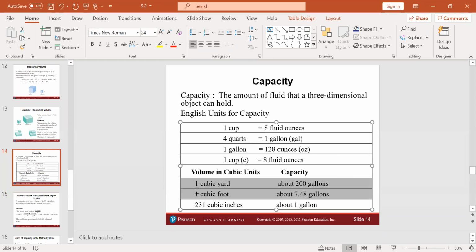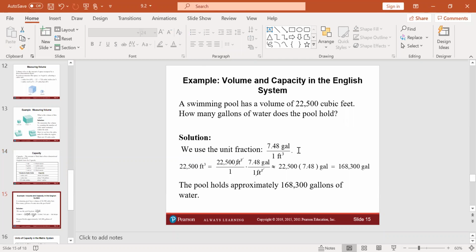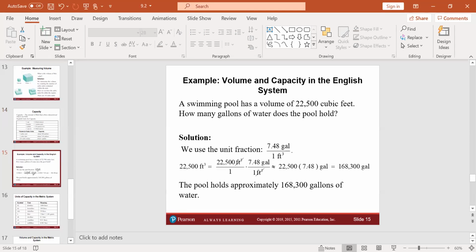And we have one that goes straight between cubic feet and gallons. Awesome. We want the gallons to be on top and cubic feet to be on bottom because we want to go from cubic feet to gallons, and thus we want cubic feet to cross out, like so. And so we're going to end up doing 22,500 times 7.48, which is 168,300 gallons.